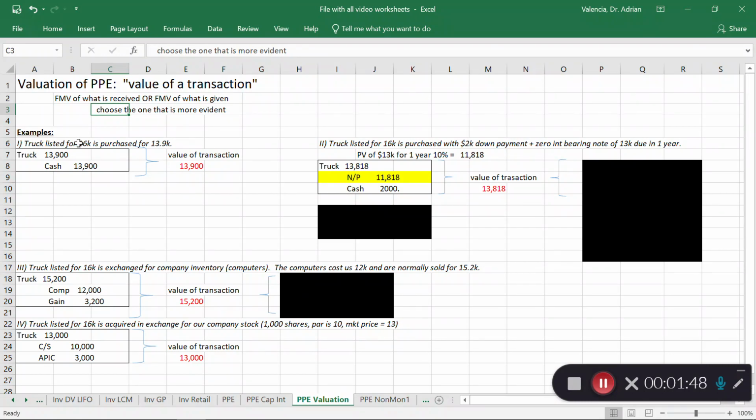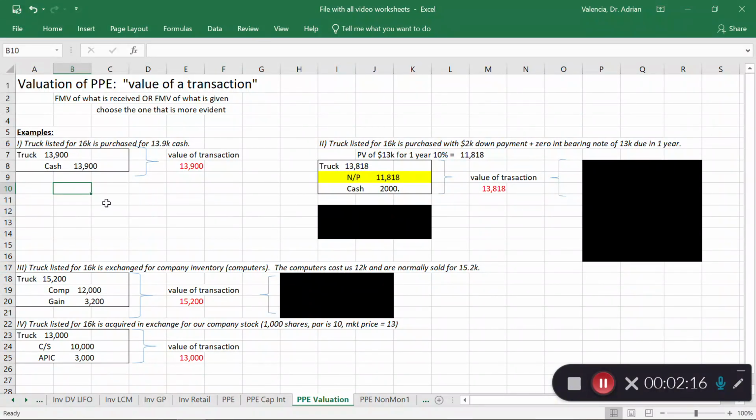Straightforward. We buy a truck, property, plant, equipment, that is listed for sale for $16,000 and we purchase it for $13,900 cash. Okay, so this is your typical example of purchasing a property, plant, and equipment. Now, in this case, you could use the value of the truck, which is what you receive, or the value of the cash, which is what you give.